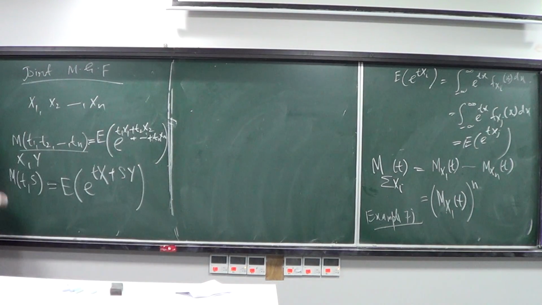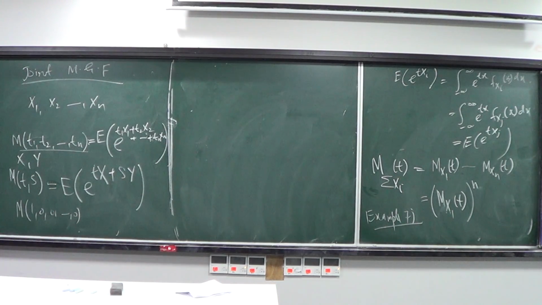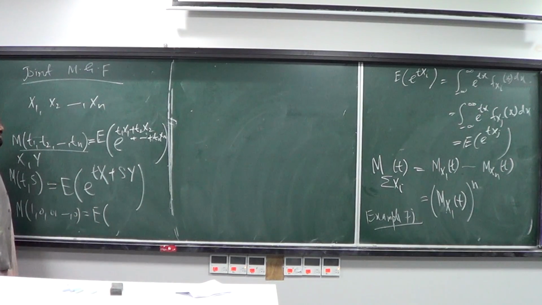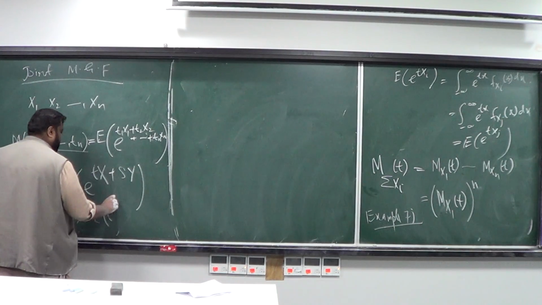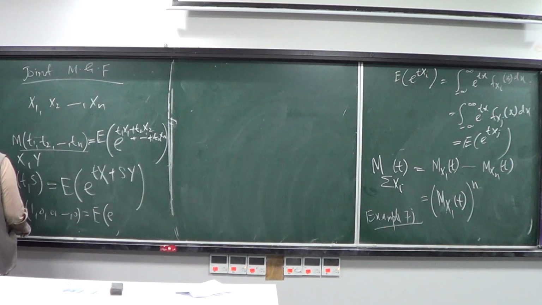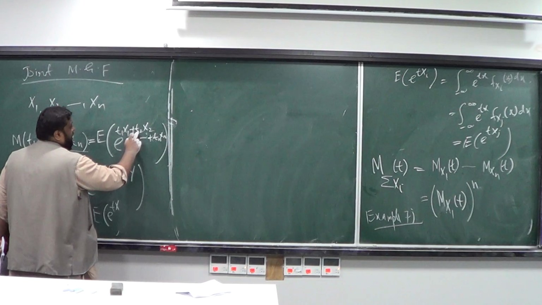So imagine you know this, and just compute it at 1, 0, 0. What would be the output? For t1 equal to 1 and t2 up to tn equal to 0, it is going to be e to the t1 x1 plus 0, 0, 0.